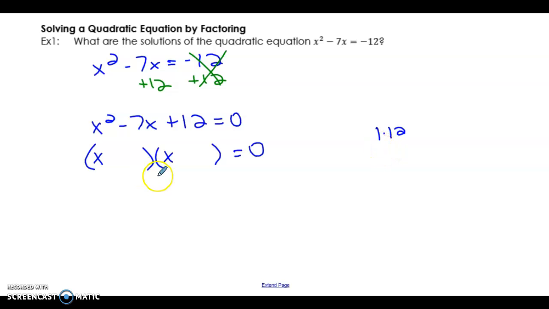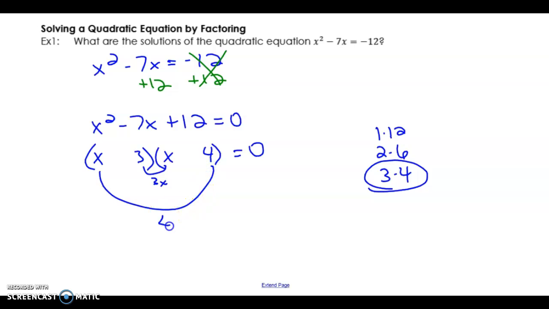We don't need to figure out the inside and the outside. We can kind of use that shorter version. 1 and 12, 2 and 6, 3 and 4. Which ones make 7? So the only pair that can somehow make 7 is the 3 and 4. So I'm going to put 3 and 4. How would I make a 7? Negative 7. So the middle would be 3x. The outside would be 4x. We've got to have them both be negative.